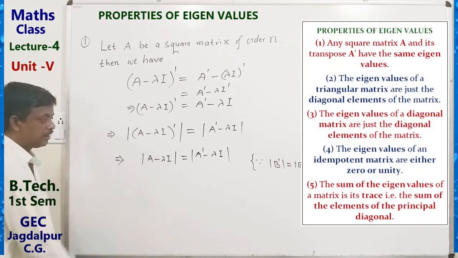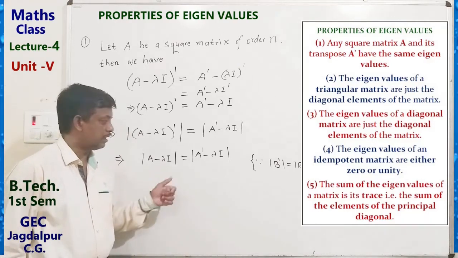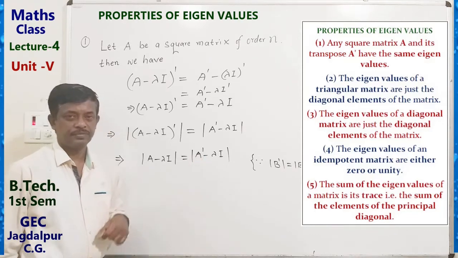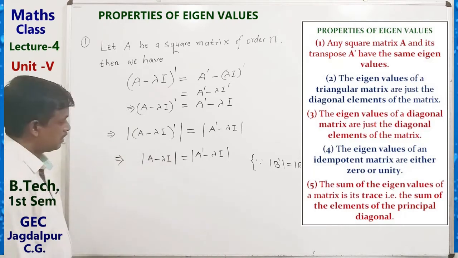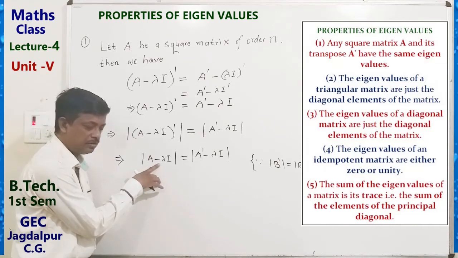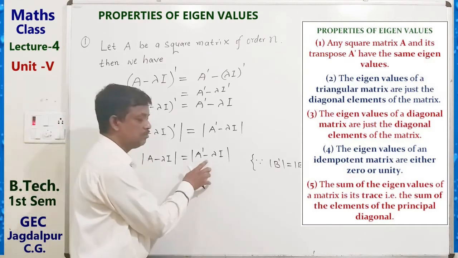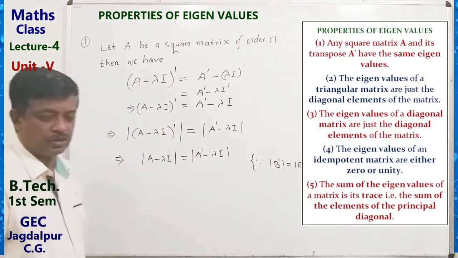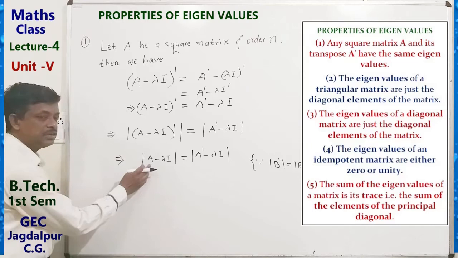Now the characteristic equation of A is determinant of A minus lambda I equals 0, and the characteristic equation of A dash is determinant of A dash minus lambda I equals 0. So we can say that if lambda is a root of one, it is also a root of the other, because eigenvalues come from the characteristic equation.